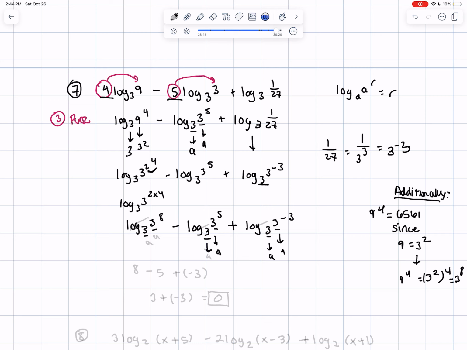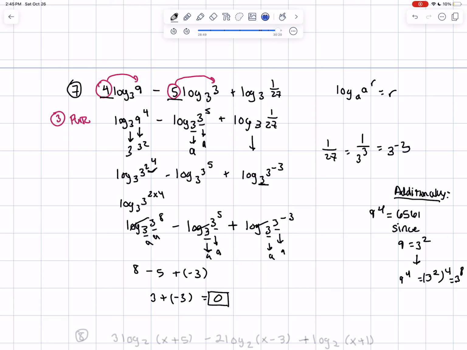This means that my logarithm can disappear. So they all go away. And then we're left with 8 minus 5 plus minus 3. So 8 minus 5 is what? 8 minus 5 is 3 plus negative 3. We get 0. So this is our final answer.